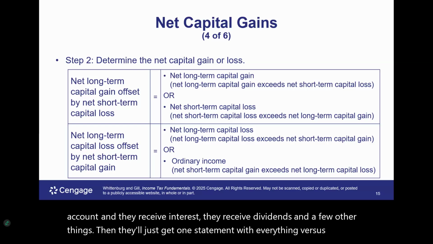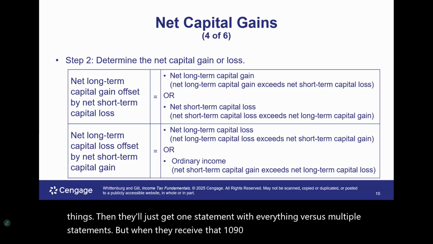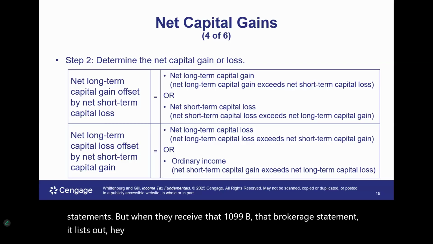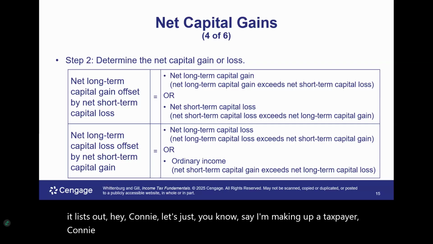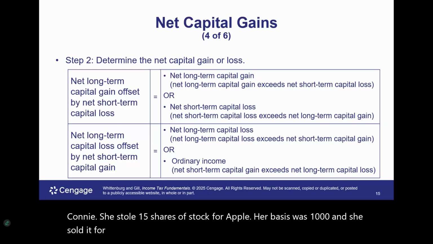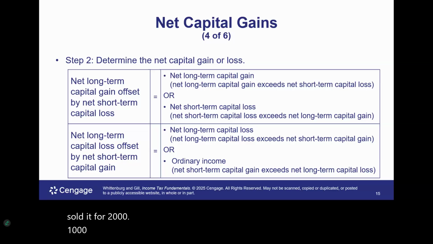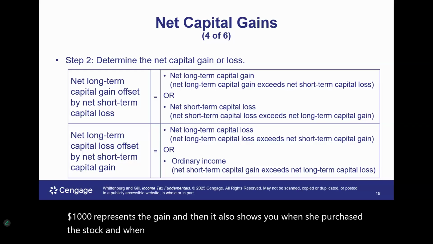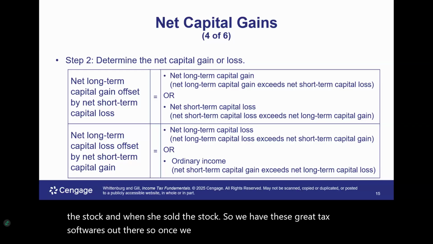When they receive that 1099-B, that brokerage statement, it lists out, let's say I'm making up a taxpayer, Connie, she sold 15 shares of stock for Apple. Her basis was $1,000 and she sold it for $2,000. $1,000 represents the gain, and it also shows you when she purchased the stock and when she sold the stock. So we have these great tax softwares out there. Once we input the information, it would automatically do the work behind the scenes.